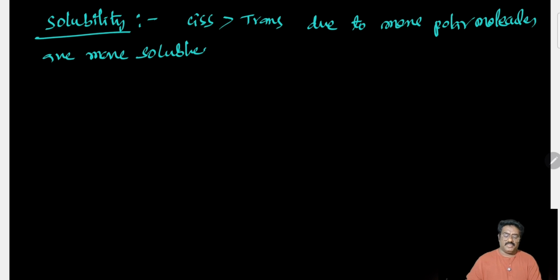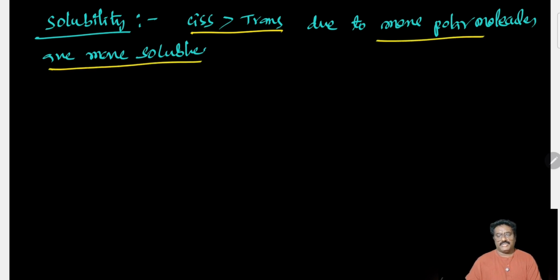Then solubility. In water, cis is more soluble than trans, because a more polar molecule is more soluble.